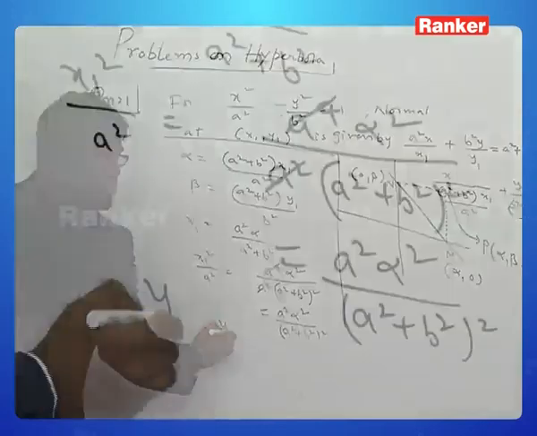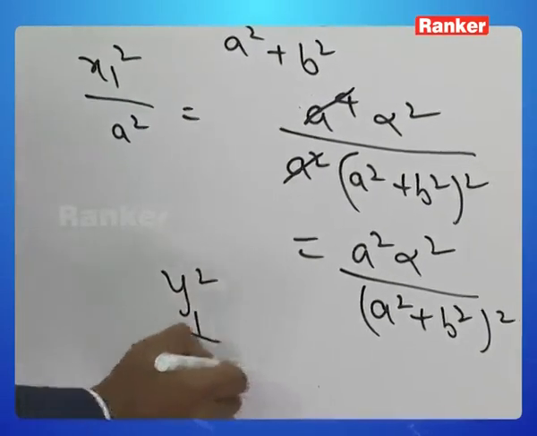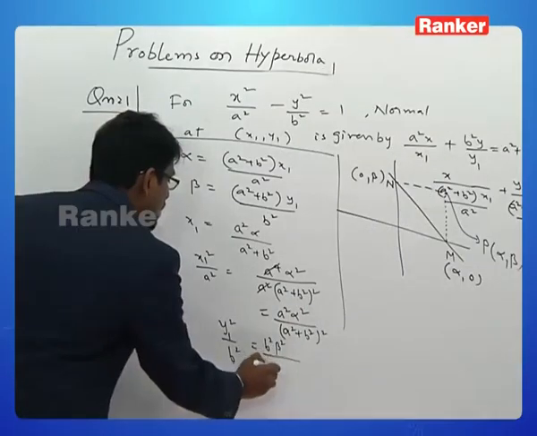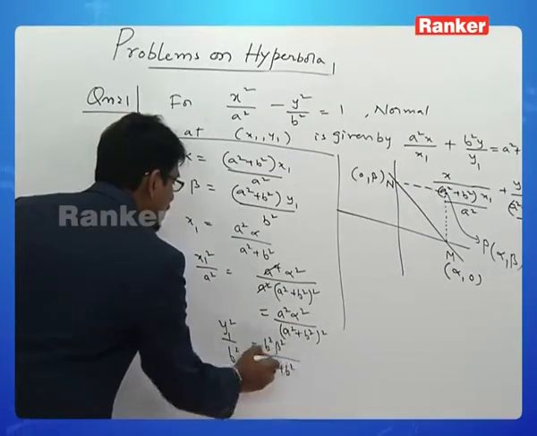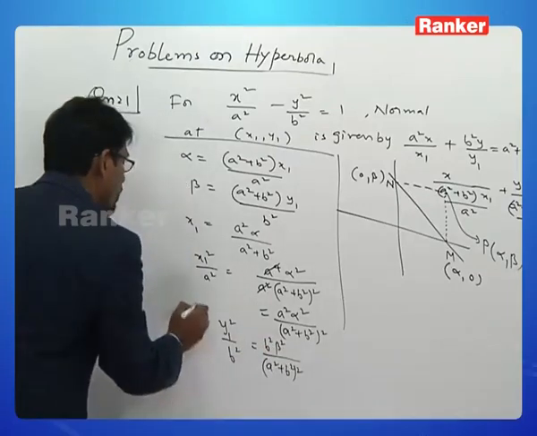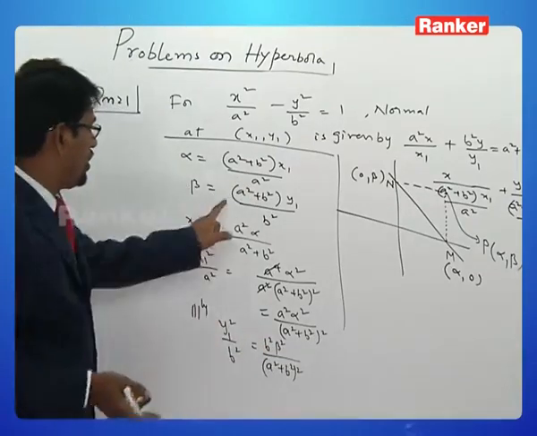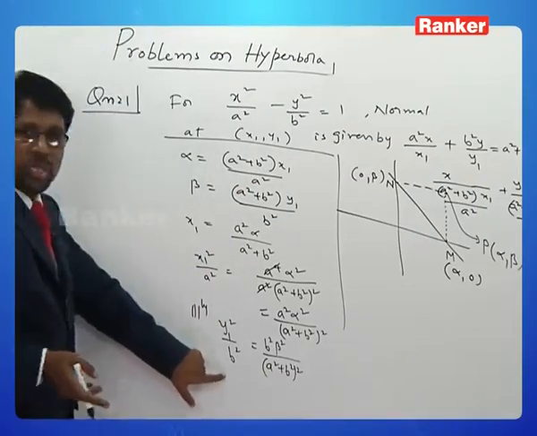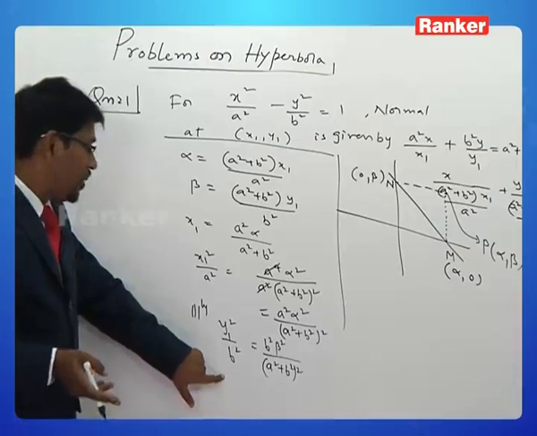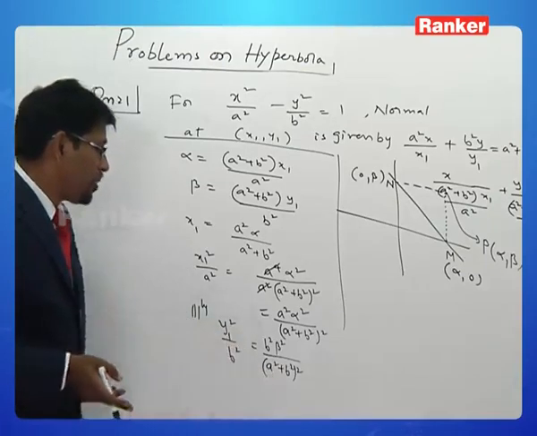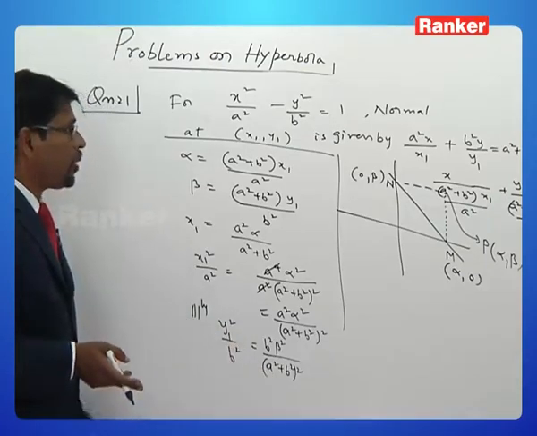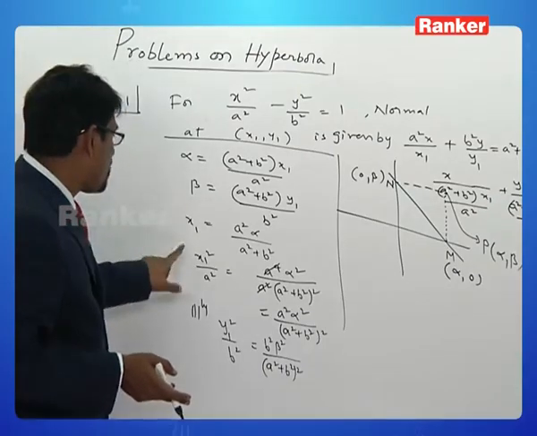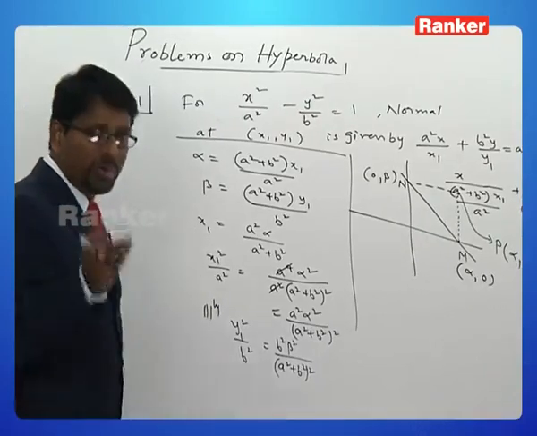Similarly, y1 square by b square would have been b square beta square divided by a square plus b square whole square. Now what do you know about this hyperbola? This point x1 comma y1 happens to be a point on the hyperbola.